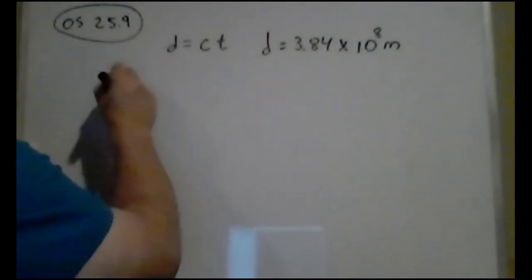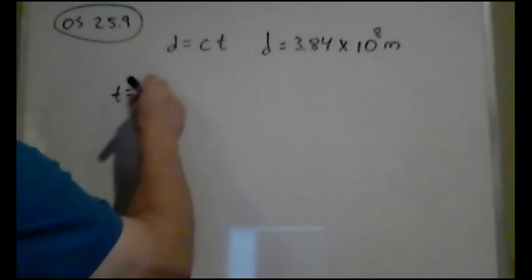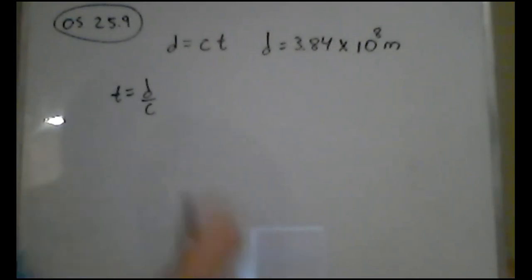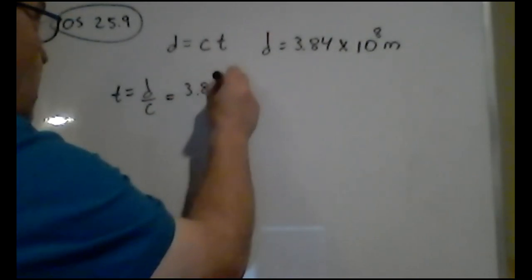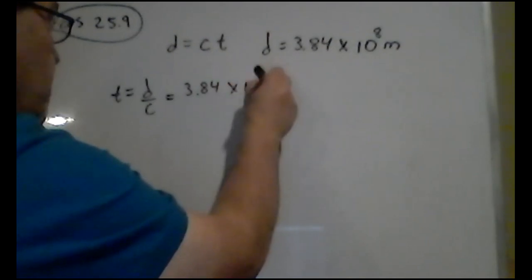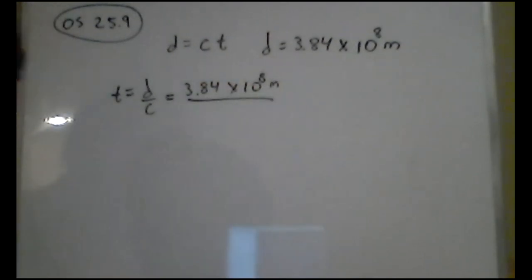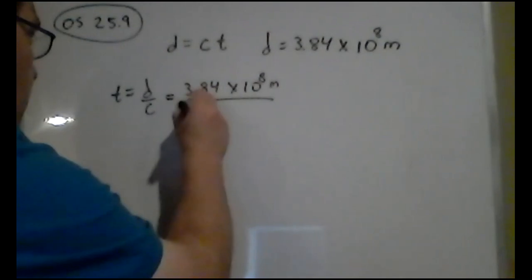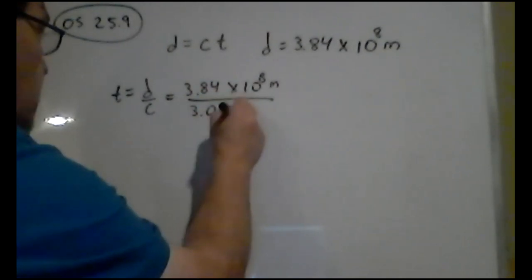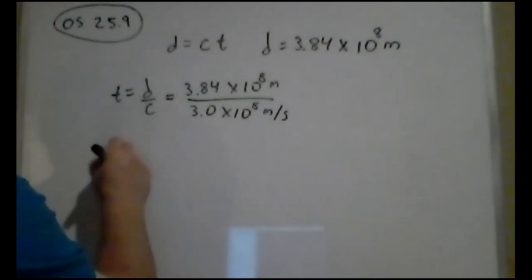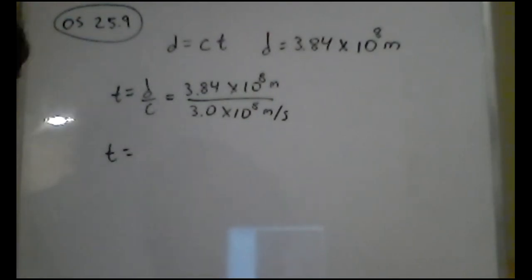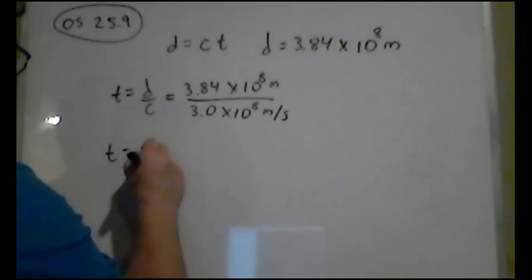You just simply solve for t. So d over c, simple as that. You get the 3.84 times 10 to the 8th meters, and you can just divide it by 3.0 times 10 to the 8th meters per second for the speed of light. We'll find that the amount of time it took is about 1.28 seconds.